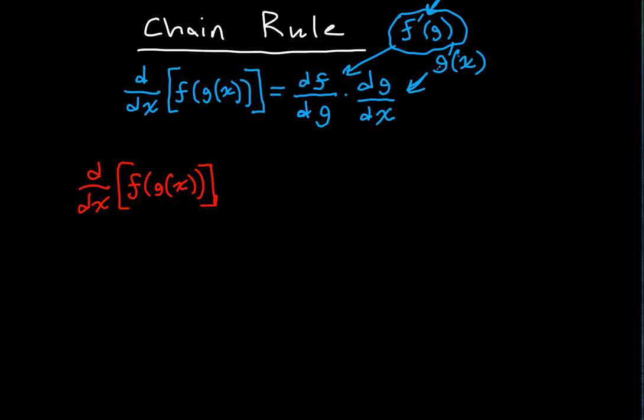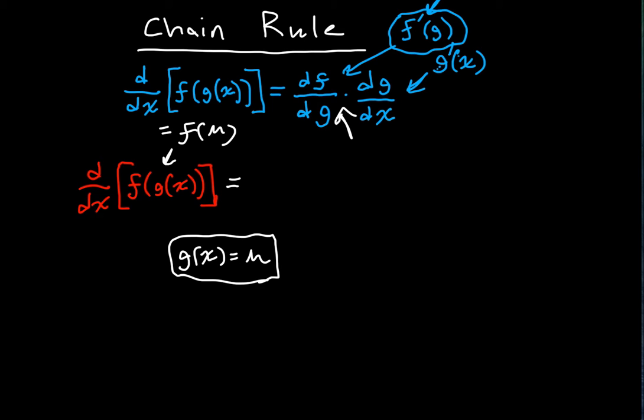What I'm going to do here is just say that g of x is equal to u. Now, what that means is we're taking the derivative of f with respect to g, and this is our function f of u, given this statement here.